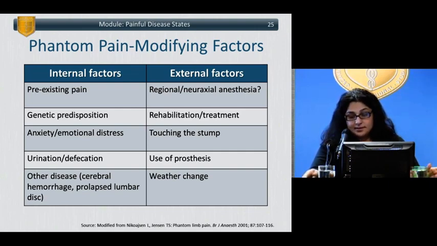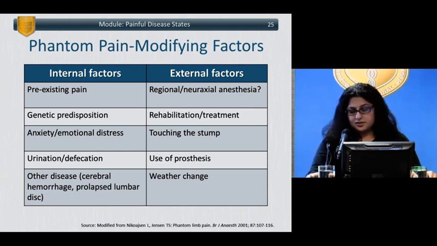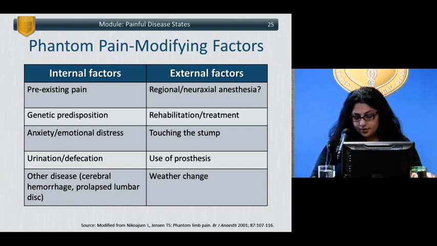Desensitization of the stump, basically just by touching the stump, can actually reduce the incidence of developing phantom limb, because once again we're re-educating the nervous system about normal sensation versus abnormal sensation. Wearing the prosthetic and ambulating can also help improve or decrease the incidence of phantom limb.